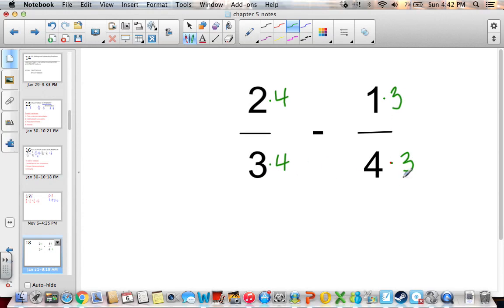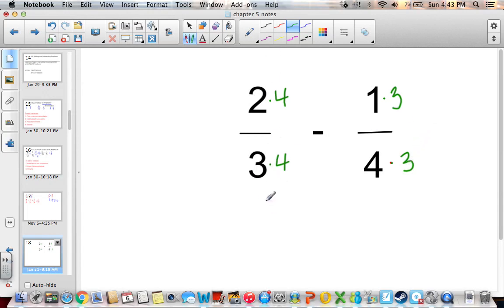If I can't think of a number that they both can go into, I can always multiply it by the opposite, because we always know that they have a common multiple of whatever the two denominators are multiplied together. It might not always be the least common multiple, but you can always multiply them together and then simplify after.